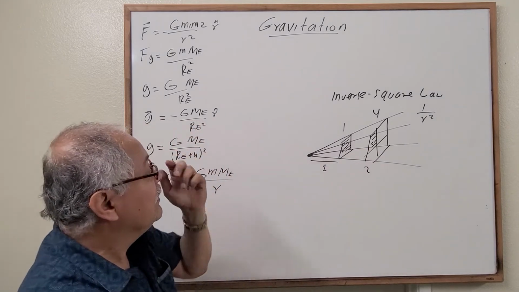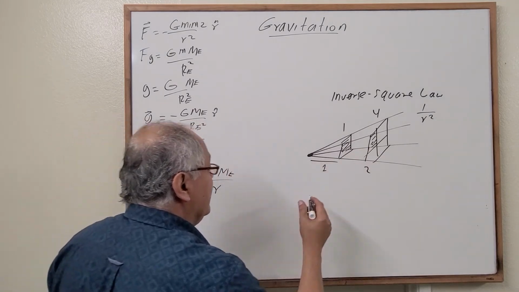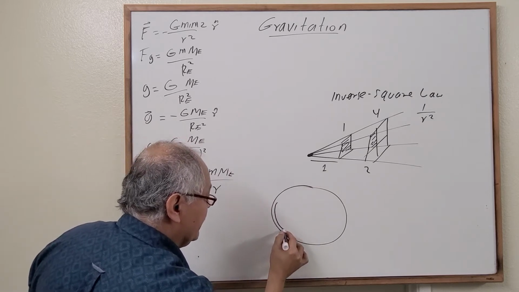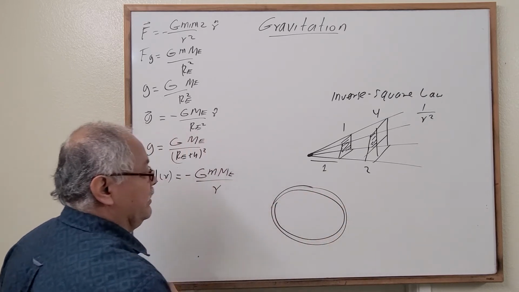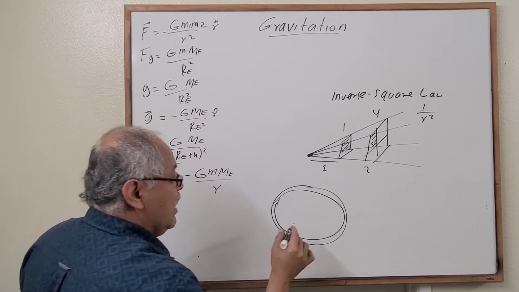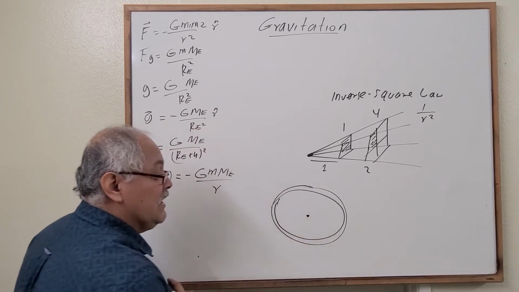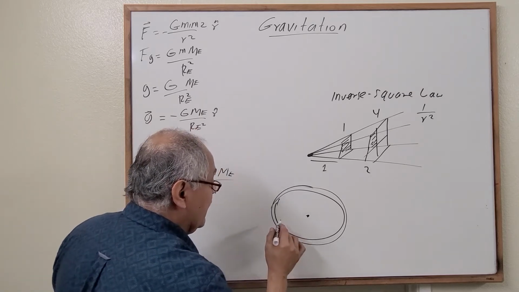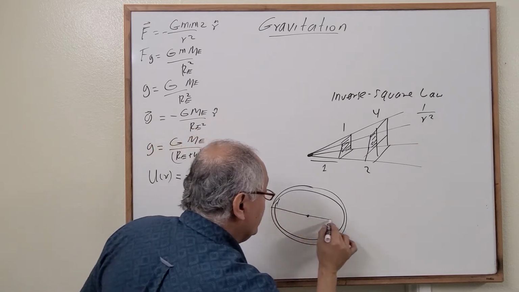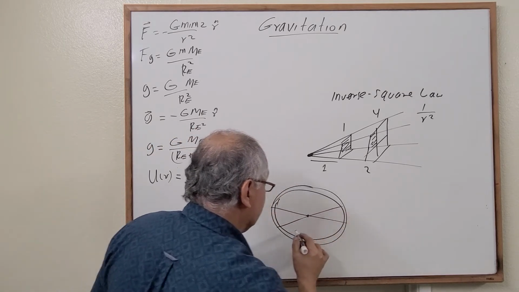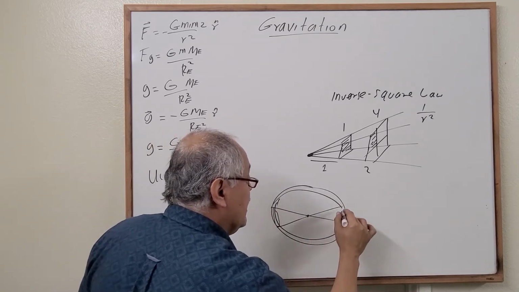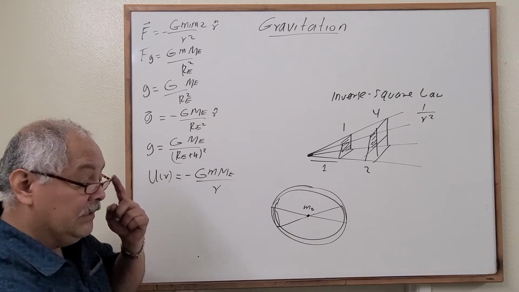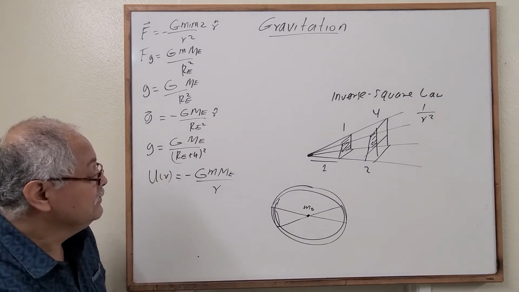For example, imagine that we have a spherical shell like this, and we're looking for the force at the center of this spherical shell. Well, we take masses, like for example this mass and this mass acting on this mass at the center of this spherical shell.